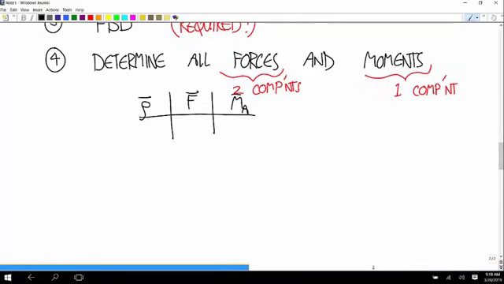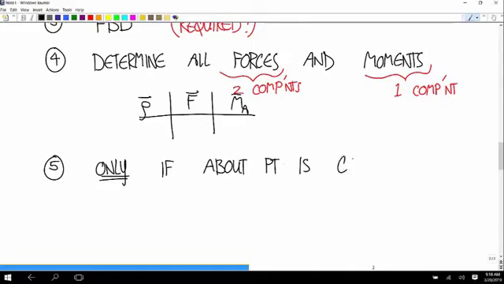Okay, now step 5. We're only going to do this if the about point is the center of mass. It is Newton's second law.